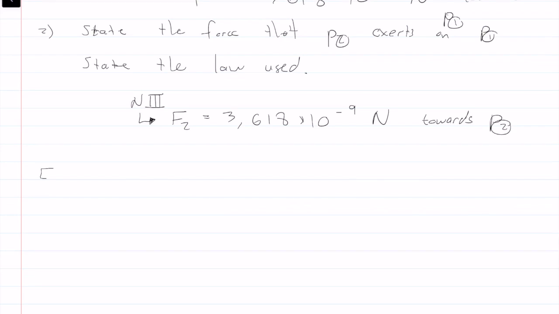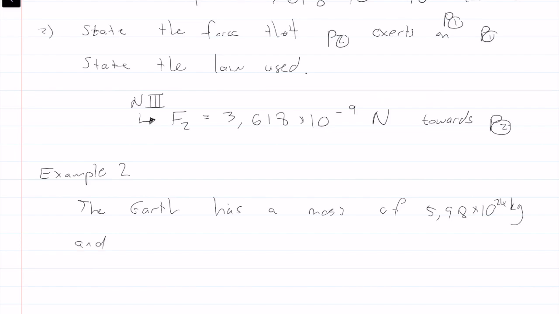If we go on to example 2, let's say we have two planets. Let's say the Earth has a mass of 5.98 times 10 to the 24 kilograms, and let's say Pluto has a mass of 3.52 times 10 to the 22 kilograms.